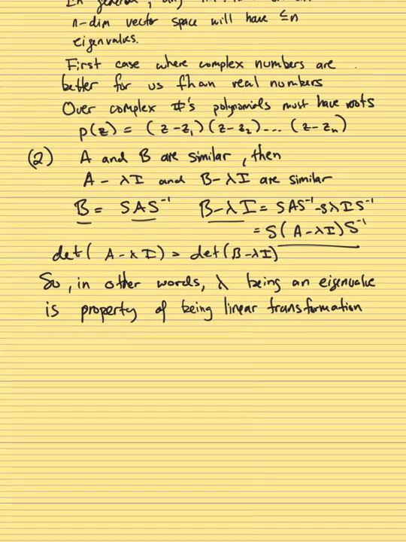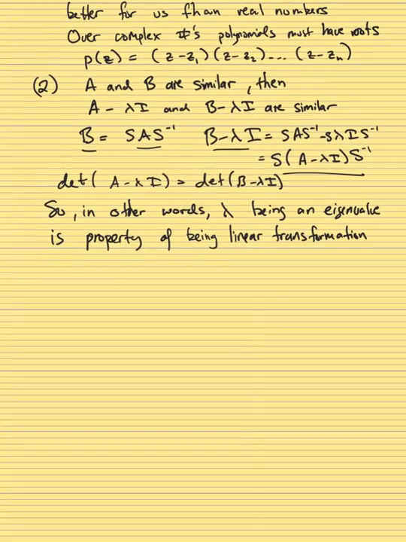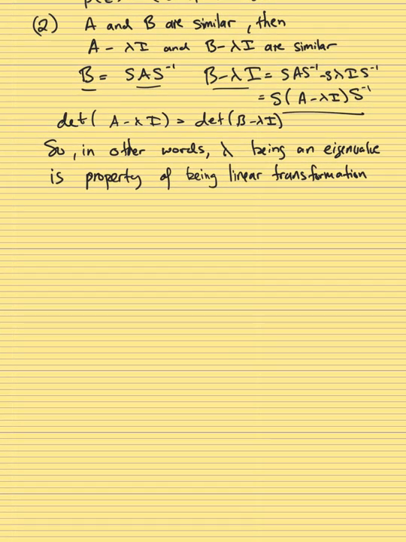Now, of course, this also helps compute the eigenvalues, because hopefully, if you have a matrix A, you can choose a matrix B which is similar to it. This matrix B will be in a nicer form where you can read off the determinant of B minus lambda I quite easily.